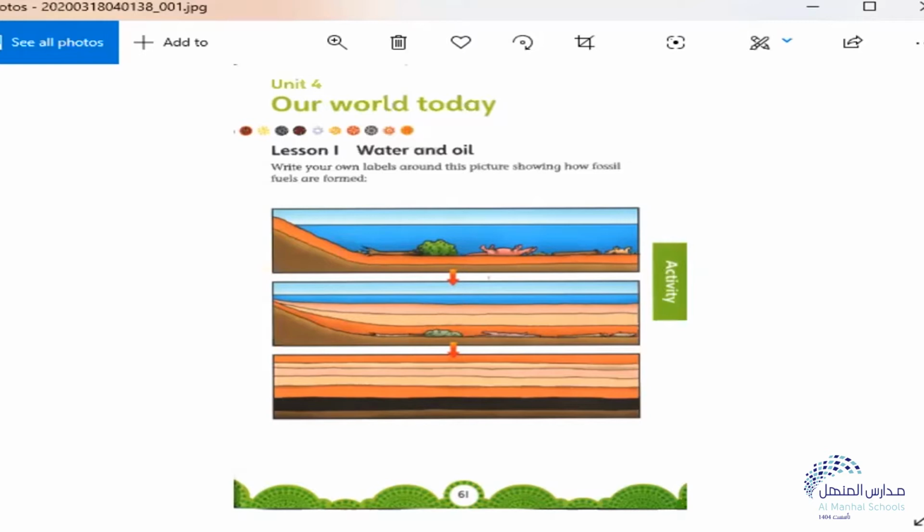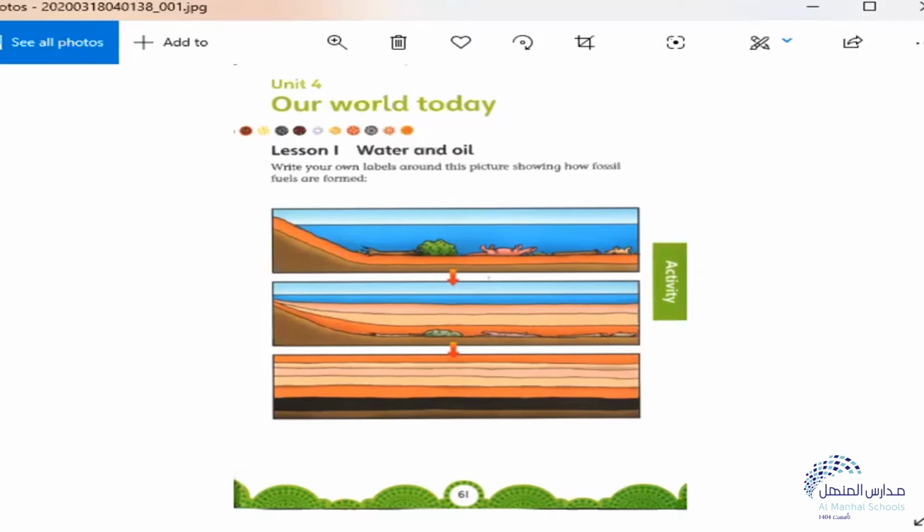Dark brown is the soil, and then you get the white part, the fossil fuel.